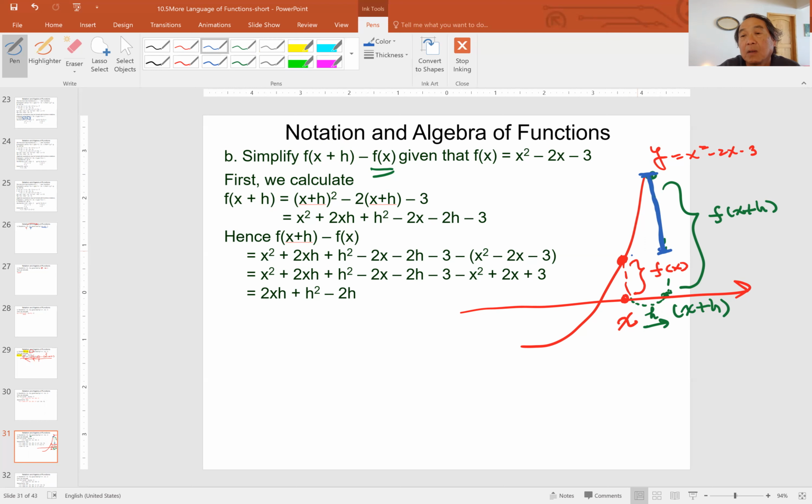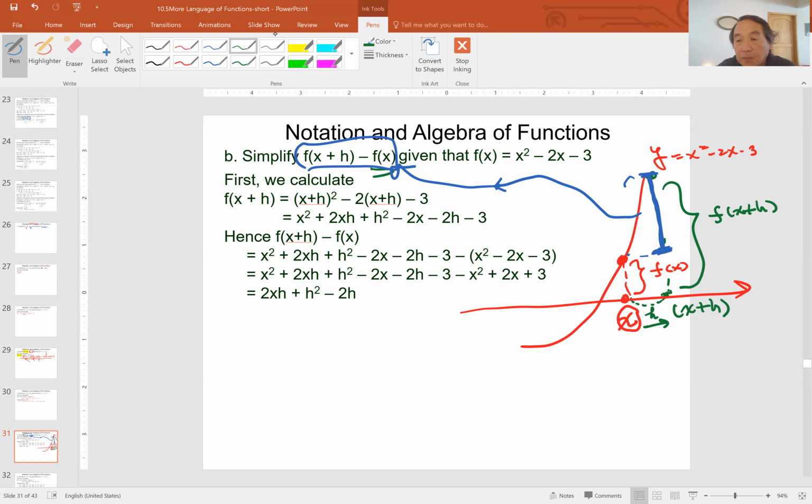In other words, this is what we calculate, the height of these things, in a formula. This is f of x plus h minus f of x.